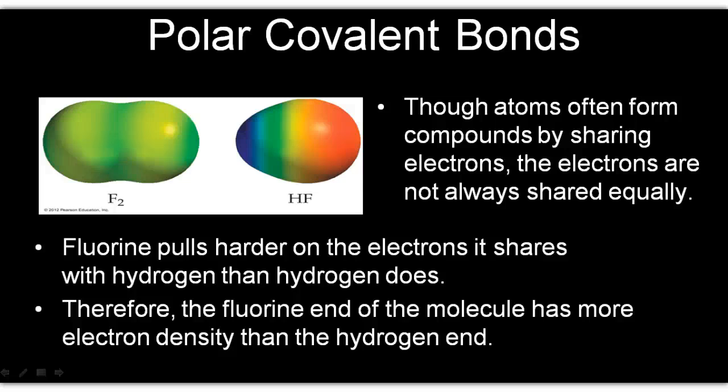If you have two atoms which are the same, in this case fluorine connected to fluorine, they're exactly the same atom, so they share electrons equally. But in this model over here, having hydrogen and fluorine, fluorine is much more electronegative, which we'll introduce in a second. It attracts electrons much more strongly, so the electron pull is going to be towards fluorine and away from hydrogen.